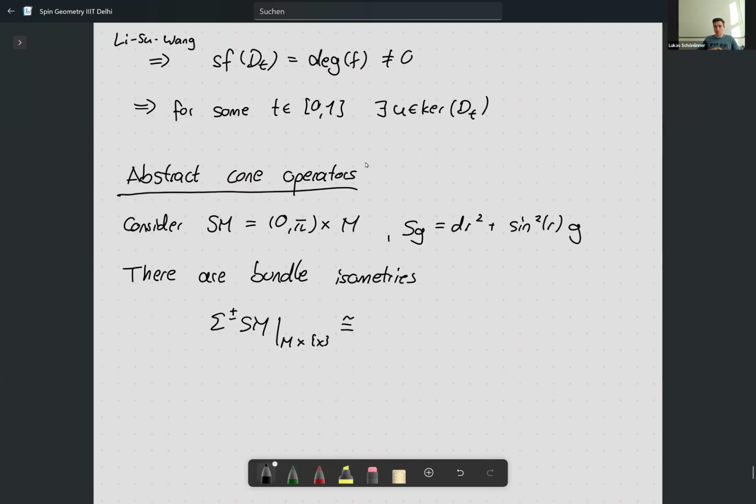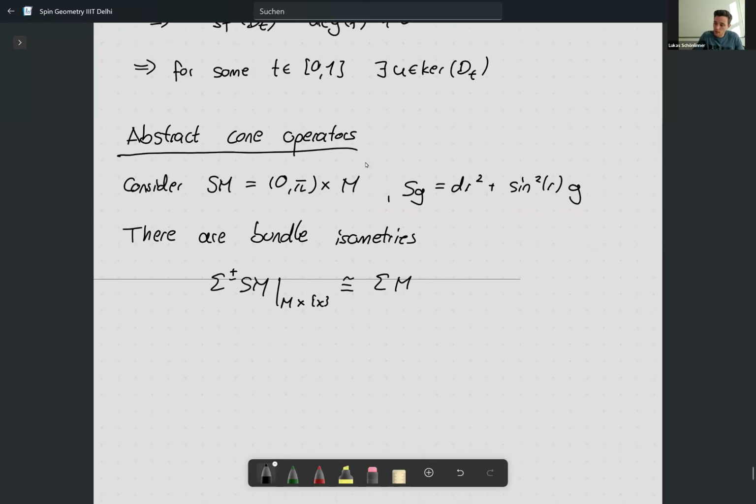So this general fact is that this is isometric to the spinor bundle of dimension one less. And this is also compatible with Clifford multiplication.